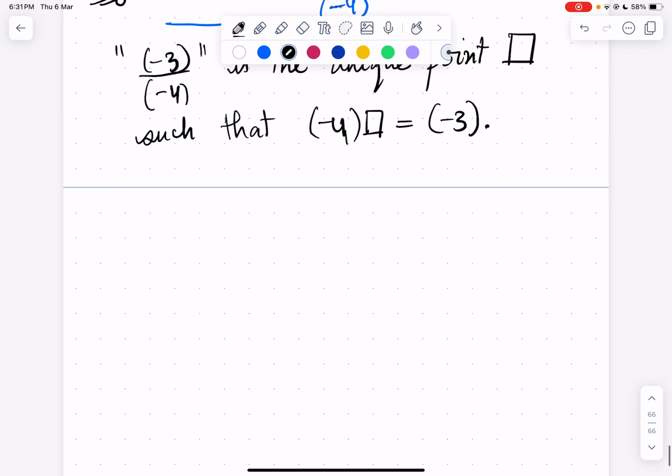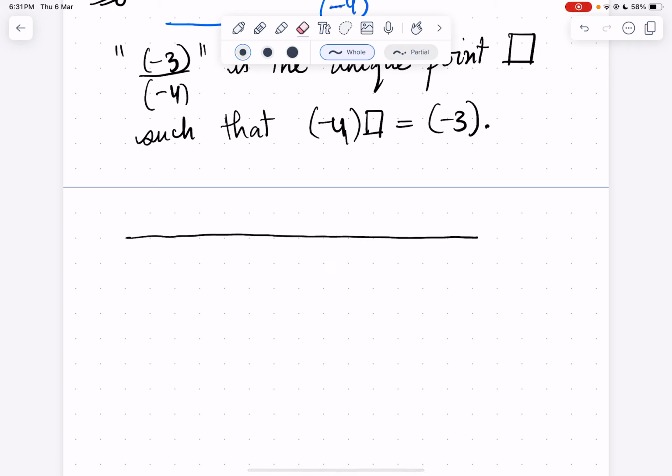Let's consider the line and mark 0 somewhere to the left. We want minus 4 times the point to give minus 3. Once we flip that point and take 4 times that segment, you should get minus 3. So intuitively the point should lie to the right of 0. And what should its length be?